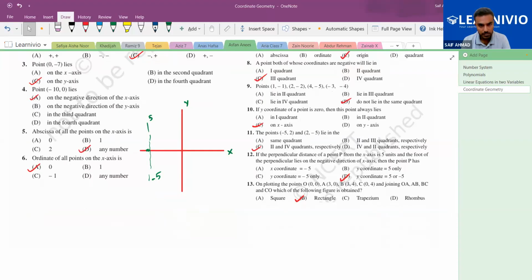One second. No, sir, it's a rectangle. Sorry.